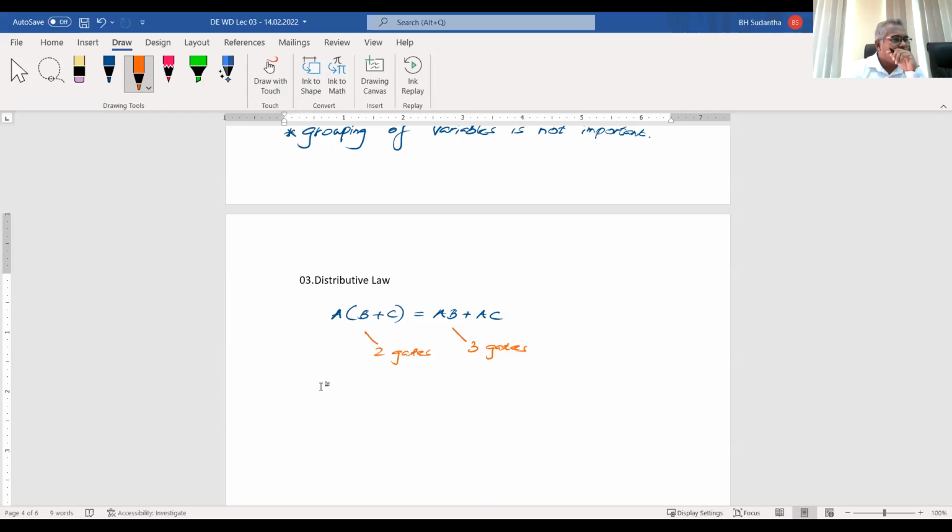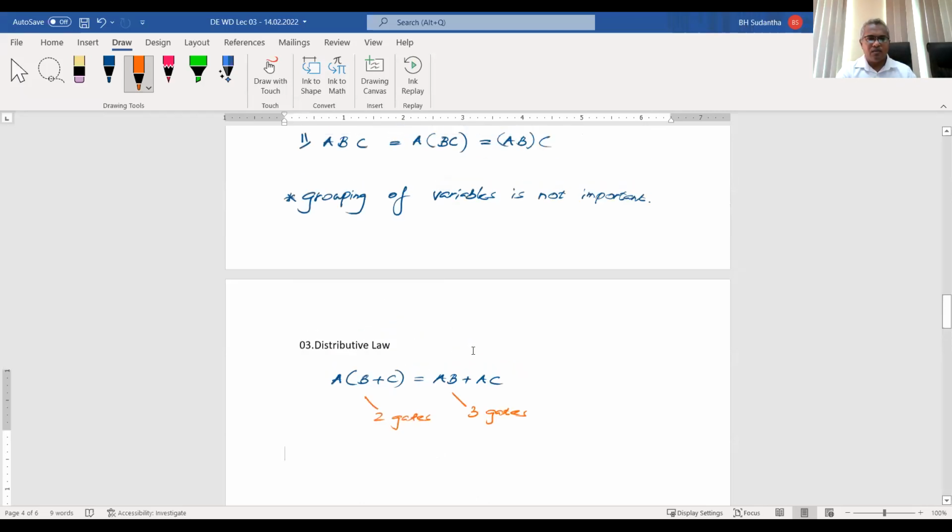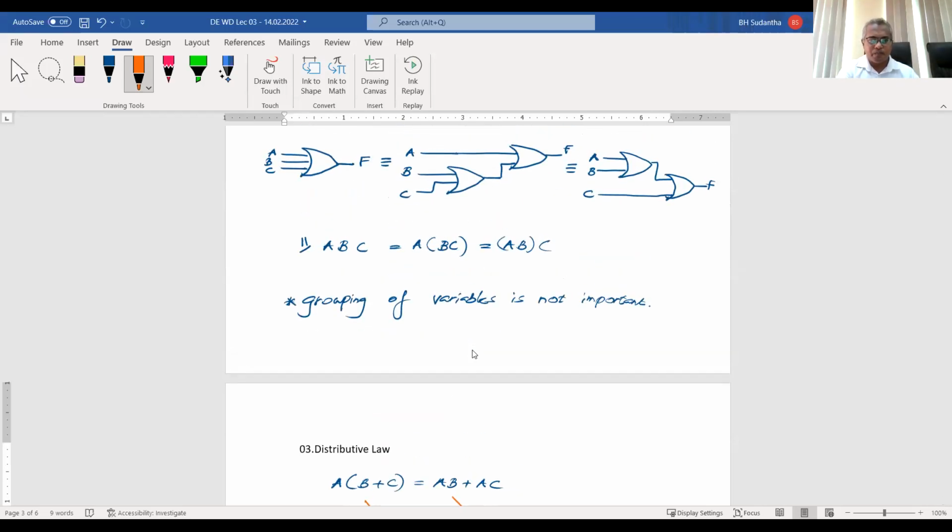Is ACB also possible? Yes, yes. This one is also possible. The question is asking whether it is possible this way also?